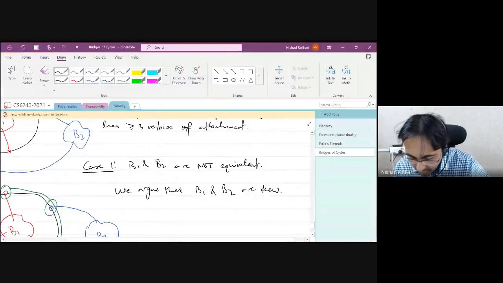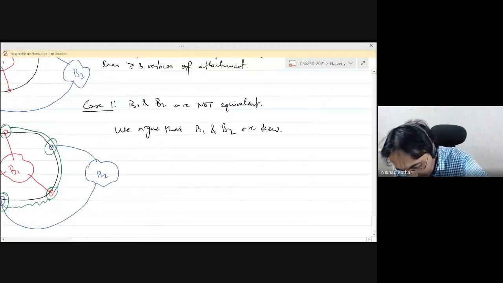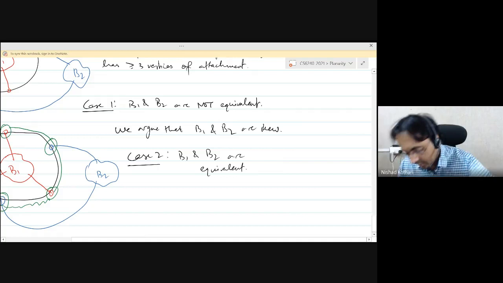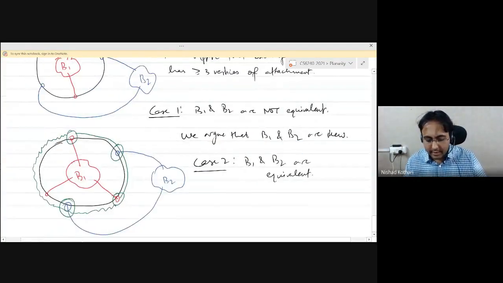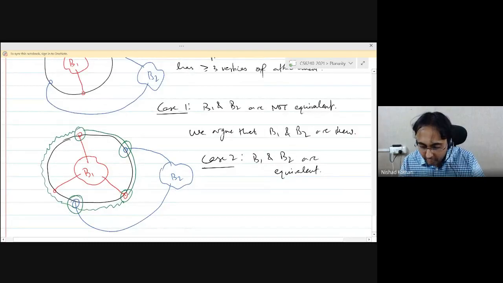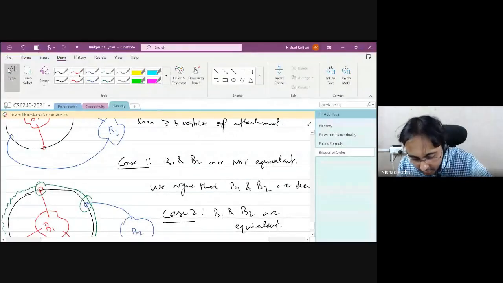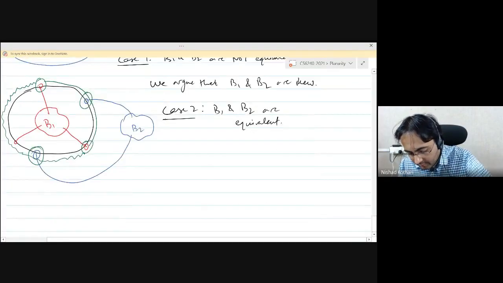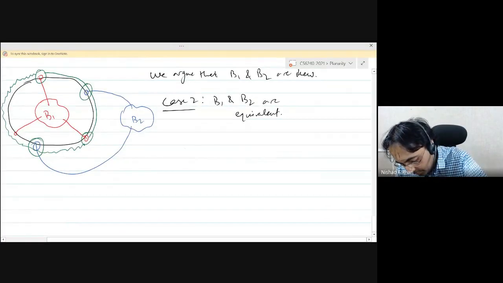Okay. So now the second case is that the two bridges are equivalent. And this case is quite easy. If you have four vertices of attachment of both of them, so let's just take a quick example, although perhaps most of you already see this.